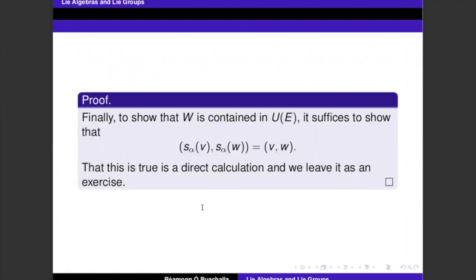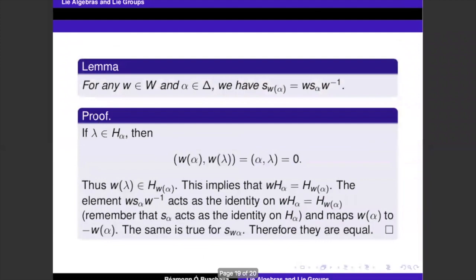I'll leave this to you as an informative exercise. So we can think of the Weyl group as a finite group that's going to preserve length. It'll preserve the length of any vector in the root system.